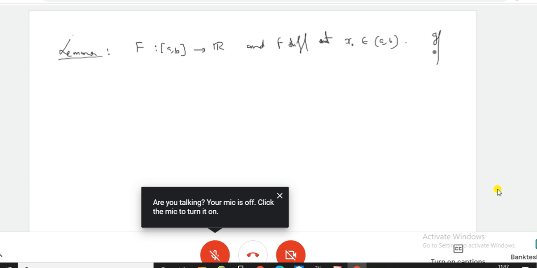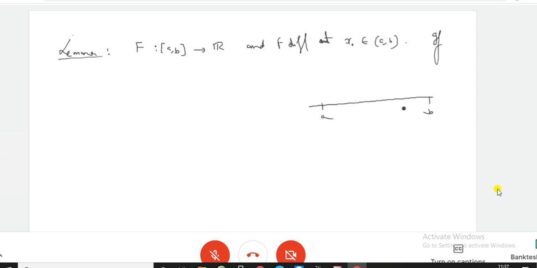Now consider this: this is your a, this is your b, and here is your x0. Now consider numbers alpha 1, alpha 2, alpha 3, ..., alpha n, and similarly to the right of x0, beta 1, beta 2, beta 3, ..., beta n, so that alpha n is an increasing sequence and beta n is a decreasing sequence.